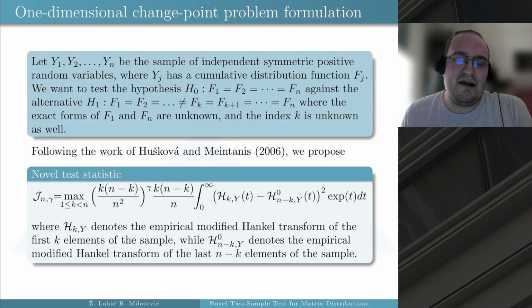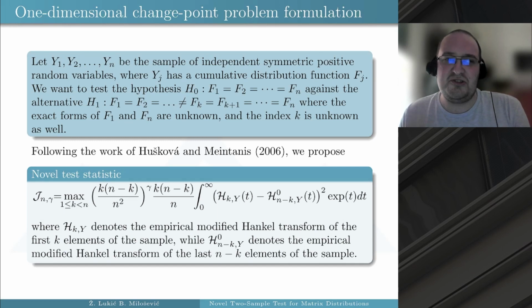And now let's just explain really briefly what the change point problem is. First of all, you have n random variables, of which the first k come from a distribution F1, while the remaining n minus k come from a different distribution.